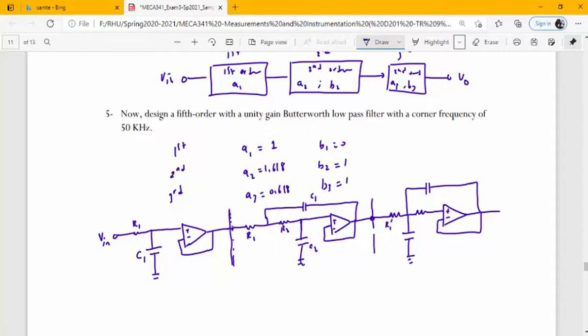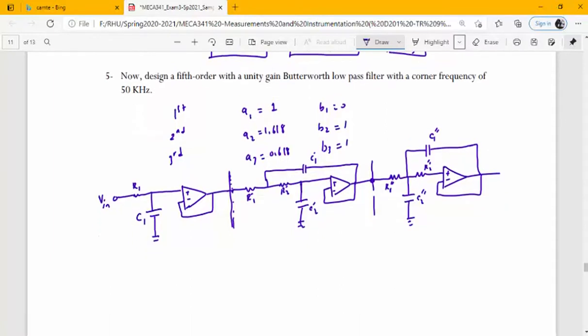So let's say this is R1 prime. This is R2 prime, C1 prime, C2 prime. This is double prime: C1 double prime, C2 double prime, and this is R2 double prime. Our job is to solve for R1, C1 and the rest, and we already did that.